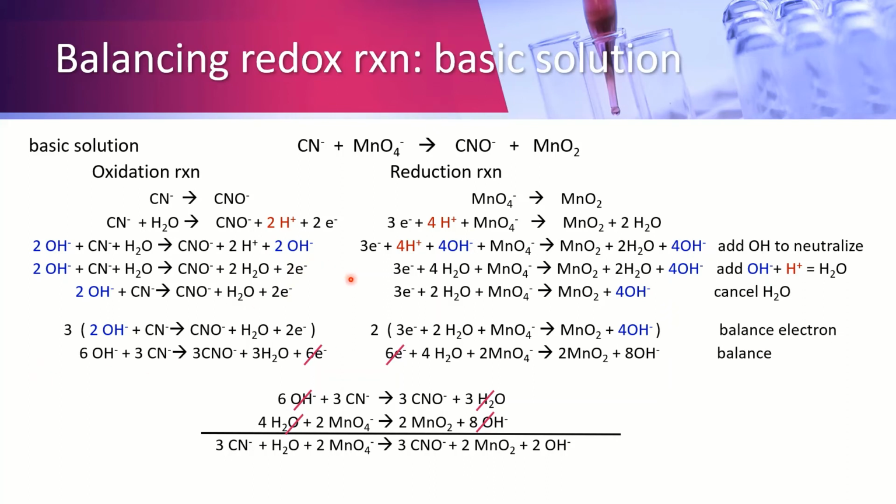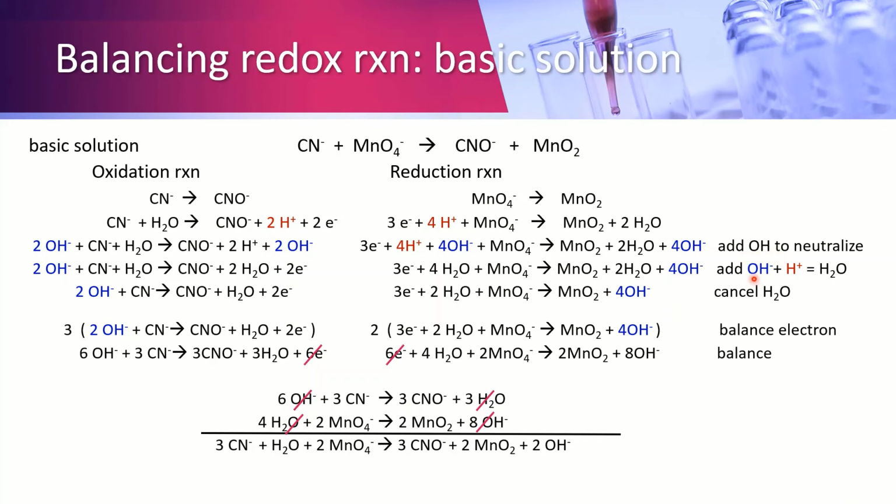Now, let us go to the reduction reaction. MnO4 negative to produce MnO2. To balance oxygen, you add water. And to balance hydrogen, you add H positive. And to balance the charges, you add electrons. Now, the same with the oxidation reaction, you have to add OH to neutralize.